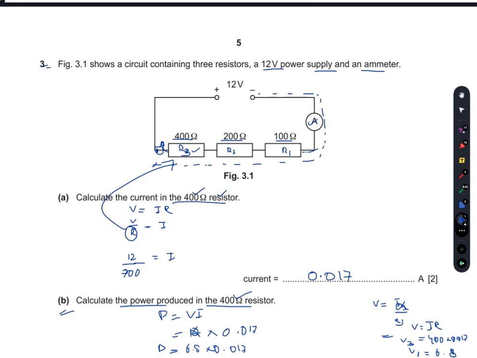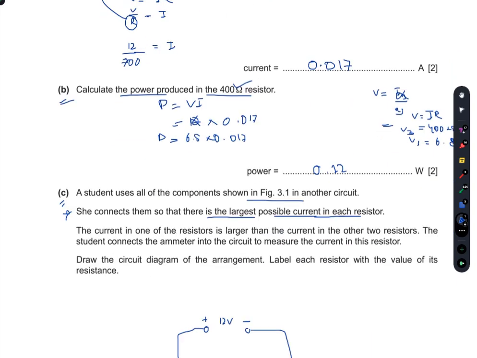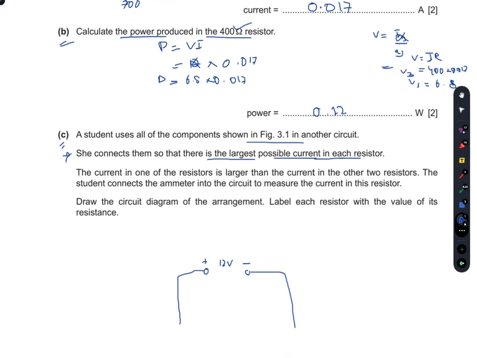In series, the 100 ohm resistor lowers the amount of current passing through R2, and R2 and R1 lower the current passing through R3. So if I connect them in series, there would not be the largest possible current in each resistor. In parallel, none of the resistors has an effect on the current passing through the other resistors.